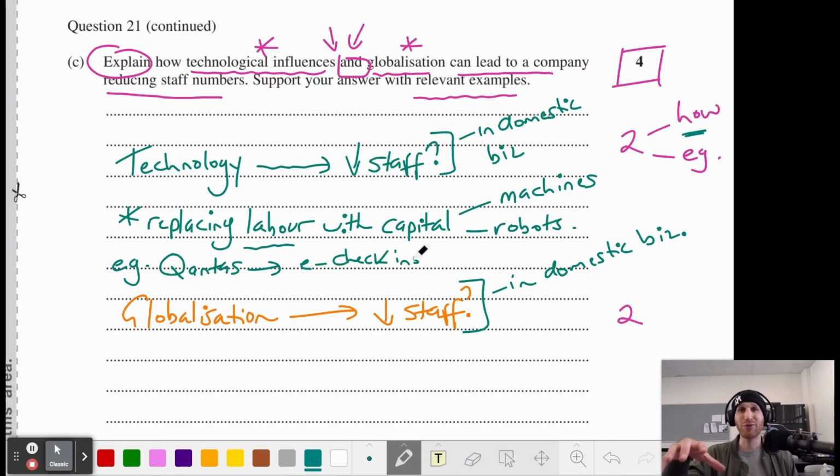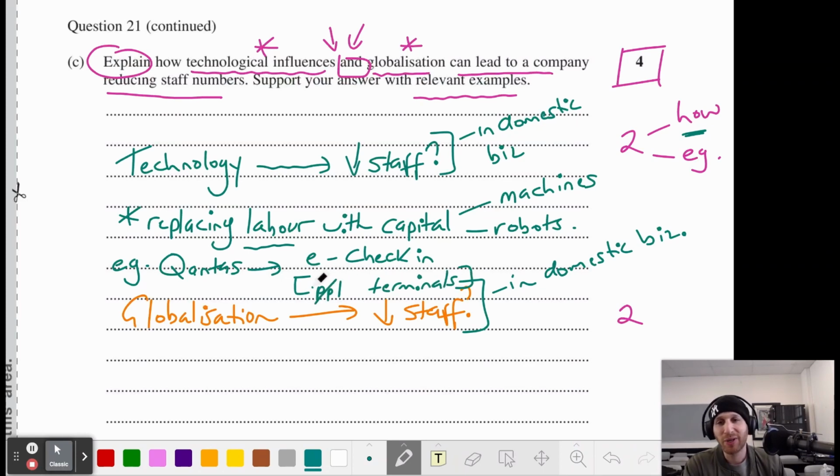So you don't have to go to that person and check in, you can do it electronically before you get into the actual airport, right? And the e-check-in is replacing those people with terminals. So we eliminate the roles for people and we replace them with the terminals, right? So we are then reducing our staff numbers.